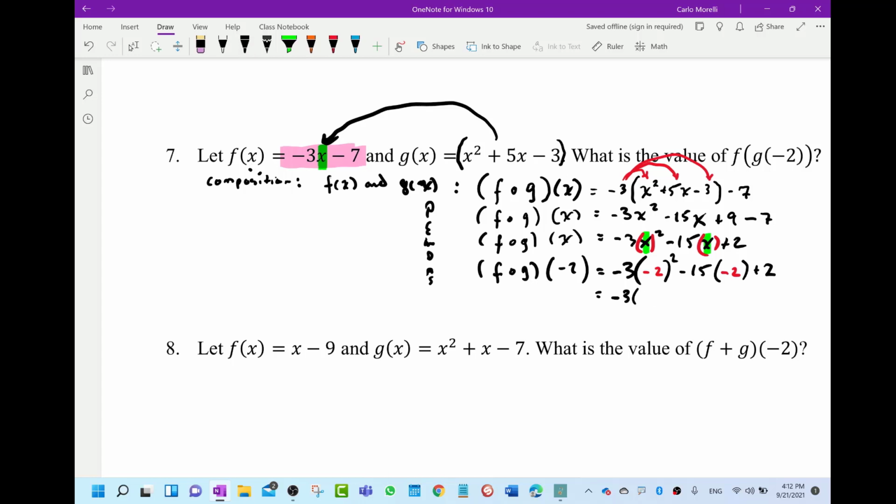Let me write that a little bit clearer. Negative 3 times 4. Gosh, doing it this way, I feel the time pressure that you folks are under. And what you're really doing here is plus negative 15. There's no such thing as subtraction. Times negative 2.